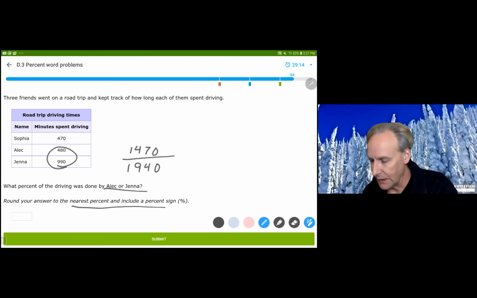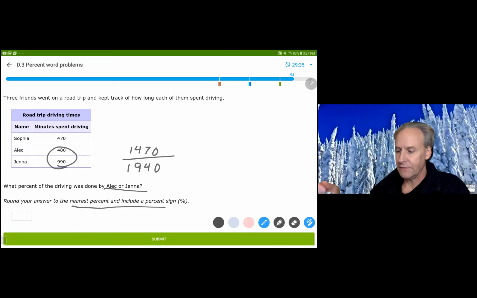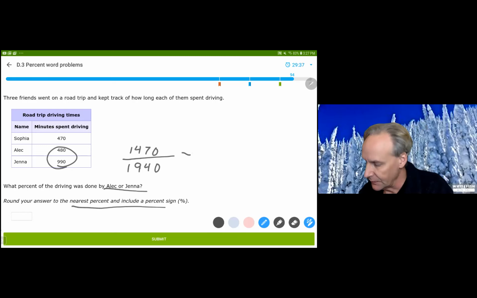I could add them up on the side, but I'm just going to go ahead and use my calculator. 470 plus 480 plus the 990 is 1940. And we're taking 1470 divided by 1940. 75 point, which is approximately 0.75773. So 76%.